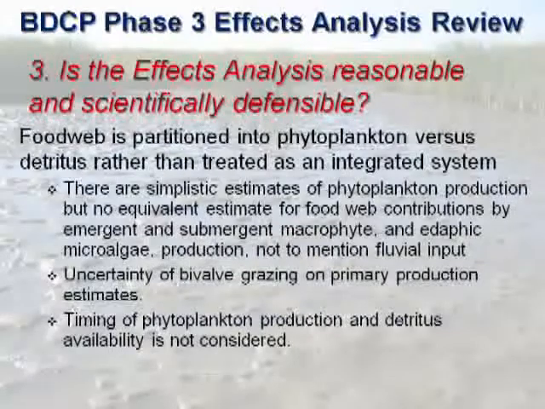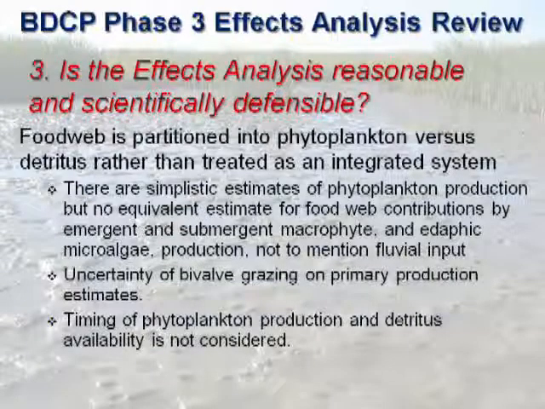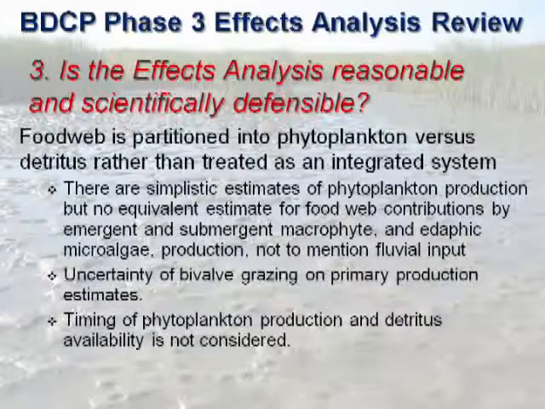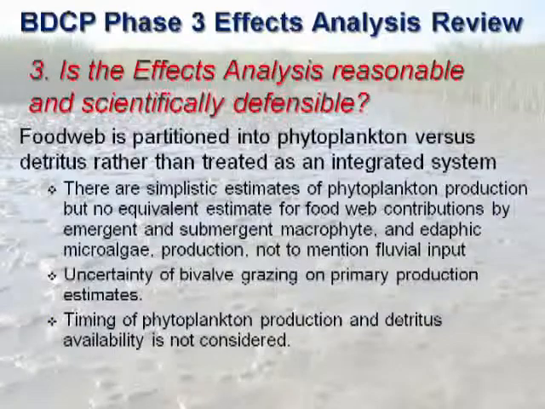Of course, the uncertainty in the bivalve grazing on primary production is being addressed to some extent. And then more complete development of this idea of timing of phytoplankton production versus detritus in the system is presently not considered.